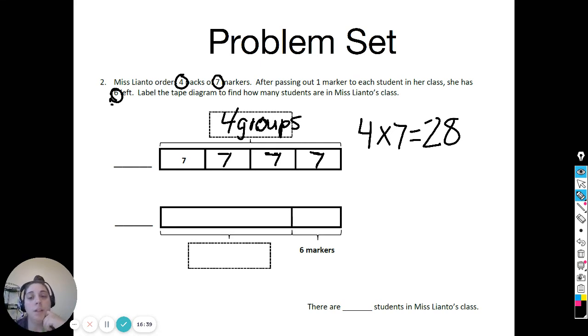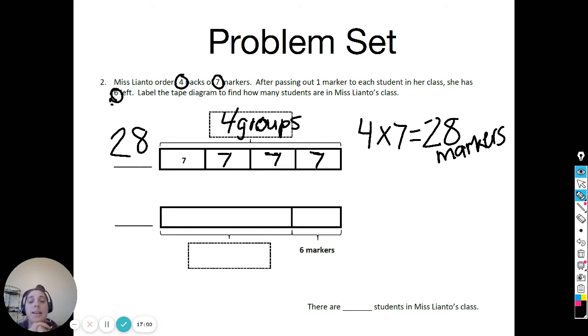So we figured out that 4 groups of 7 equals 28. Well, what does that mean? She had 4 packs of 7 markers. So she has 28 markers. I'm going to write this over here just so I remember. 28 markers.